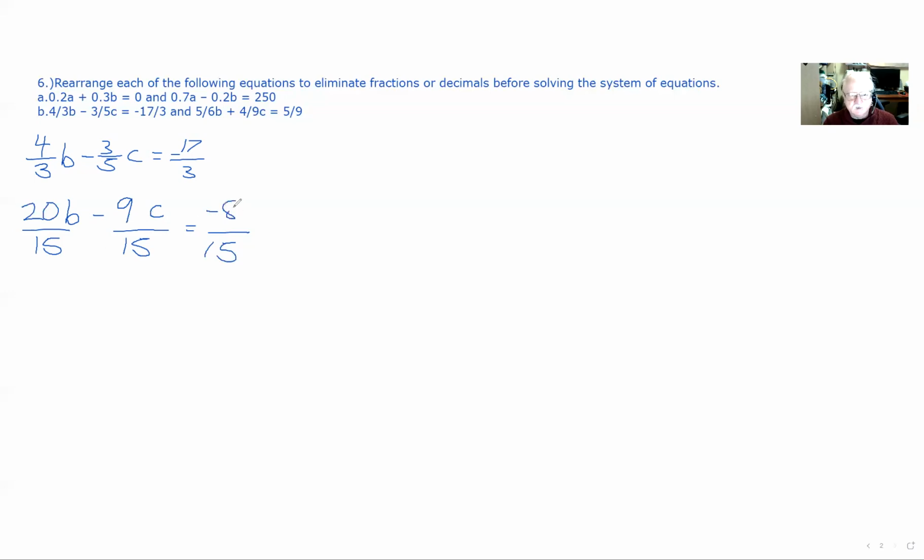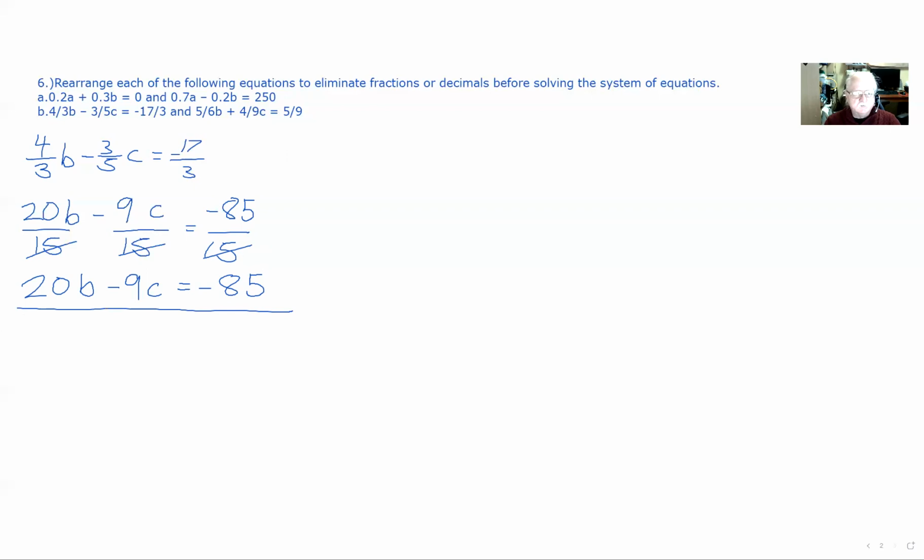It's a negative 85. So the whole point to putting it over a common denominator is now we don't actually need the denominator. We've just got an equation, 20b take away 9c equals negative 85. No fractions, no decimals.